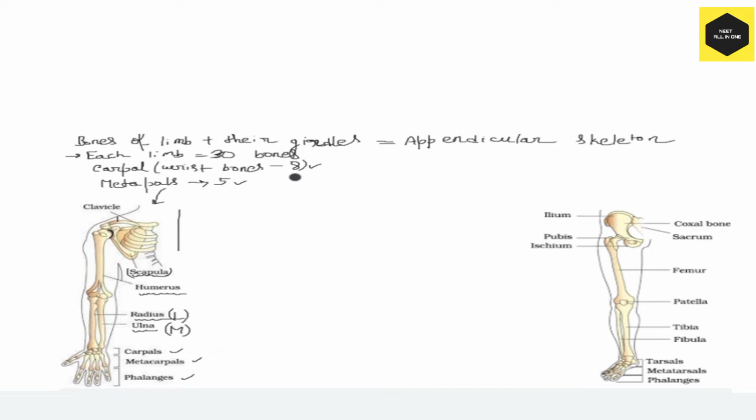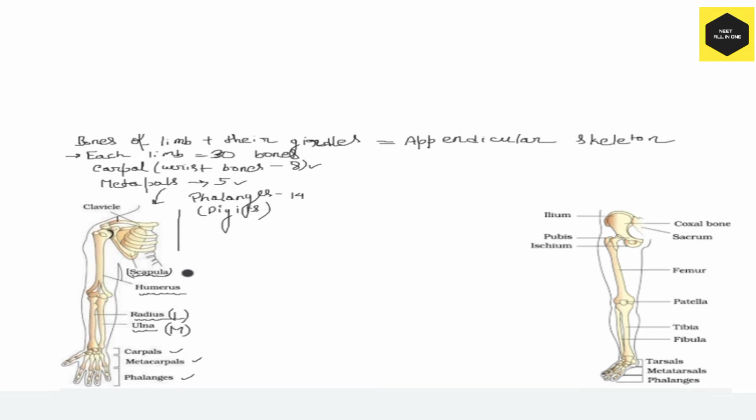These numbers are important, you have to remember them. Phalanges or digits, these are 14 in number. Now tibia, fibula and all these things I will come a bit late. Let me finish off this.